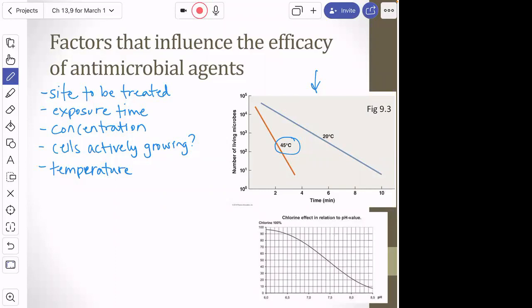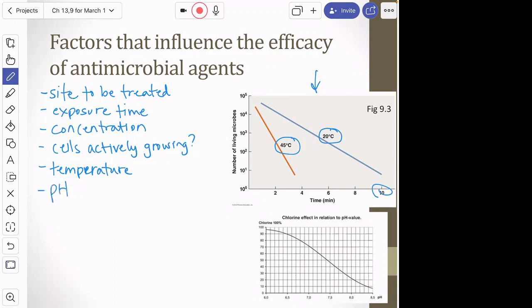Body temperature is 37, so it's pretty warm if you think about it in terms of Fahrenheit. It took maybe 4 minutes to kill almost everything. At room temperature, it took a lot longer. So it takes longer because the molecules aren't moving as fast.